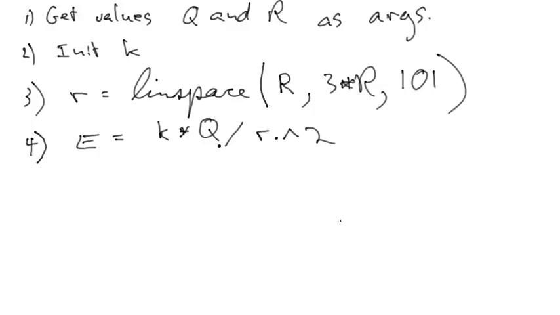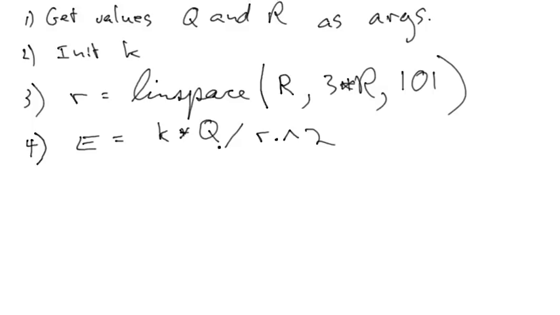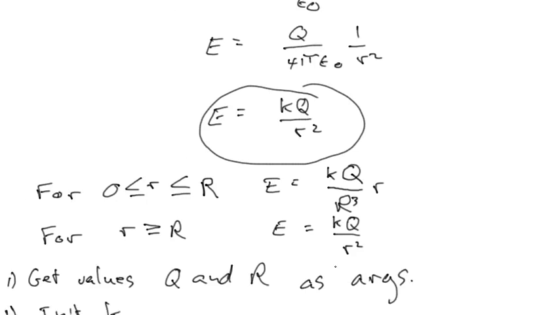Okay, now I've got the issue that I'm not ready to plot yet because I haven't gone from 0 out to capital R. But the thing is, at R, I've actually calculated it once, and I used the second expression.